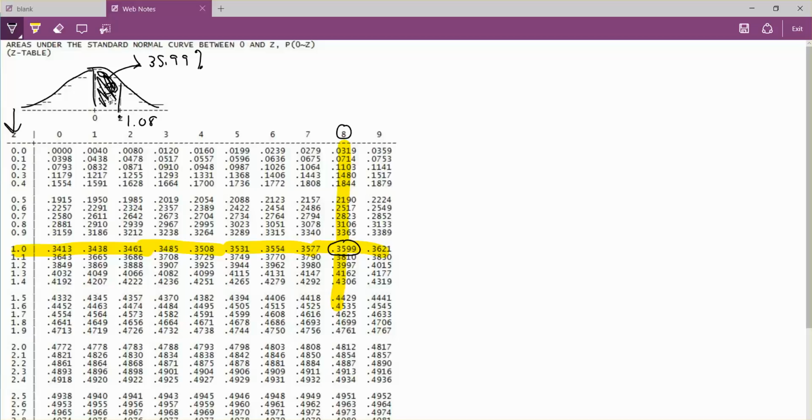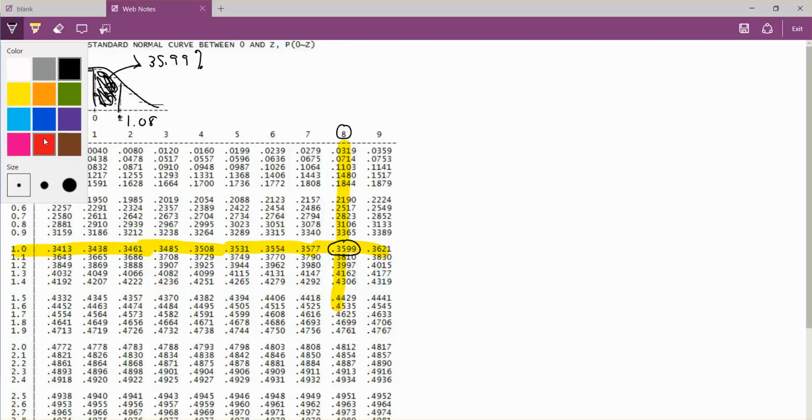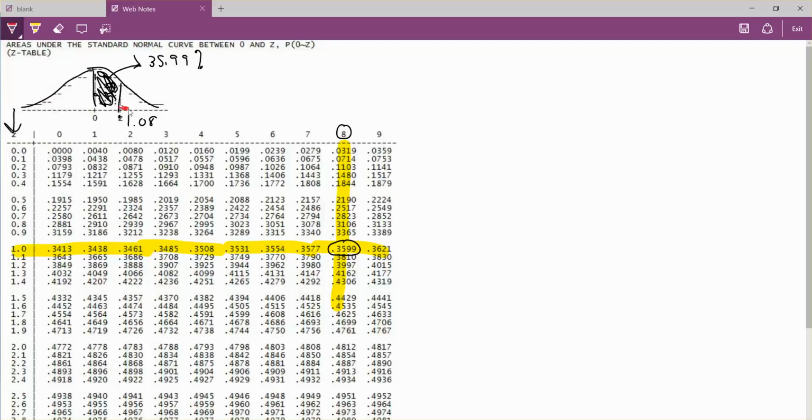This black area, though, isn't what I'm after. What I'm really after is, and I'm using different colors than I did before, this red area, or the area I had actually shaded black on the other tab. So 35.99 is this black area, but I want the red area. To find the red area, I take 50%, subtract the 35.99%, which I'm just going to round to 36 because it's close enough.